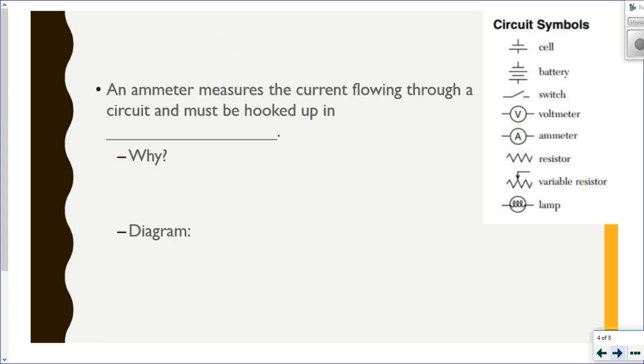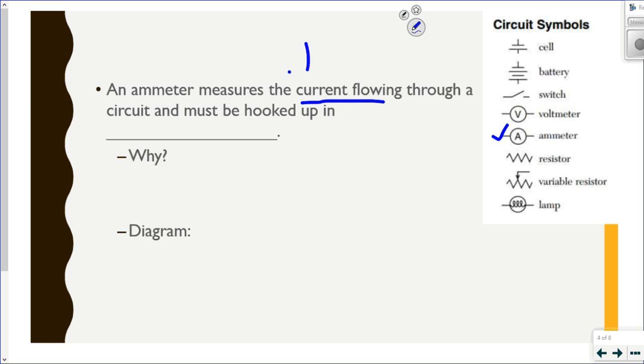The other component we're going to talk about is the ammeter, which we've got here. We're going to represent it with a little A in a circle. The ammeter is going to measure the current flowing. It's a measure of current. And we know that the thing that's actually carrying the current is our charges moving through the circuit. So in order to measure that, we want the charges to go through our ammeter because we want to see how many charges are flowing in a specific amount of time.